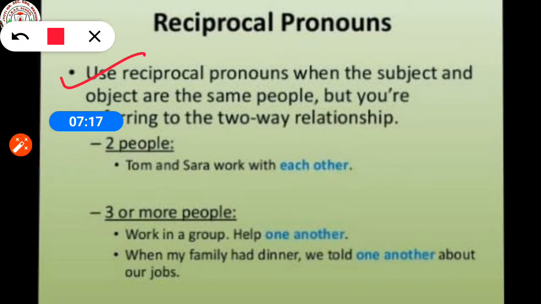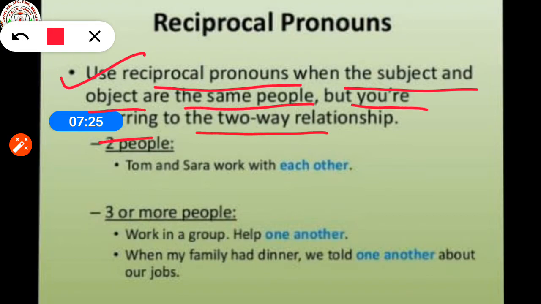So we use reciprocal pronouns when the subject and object are the same people, but you are referring to the two-way relationship. When two people are there, Tom and Sarah work with each other. At that time we use each other.